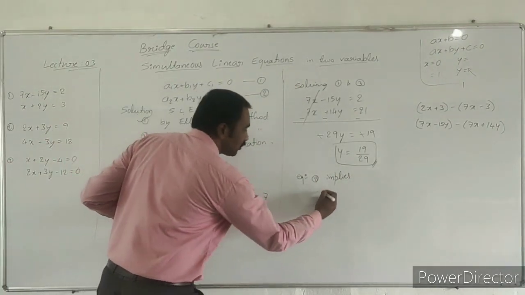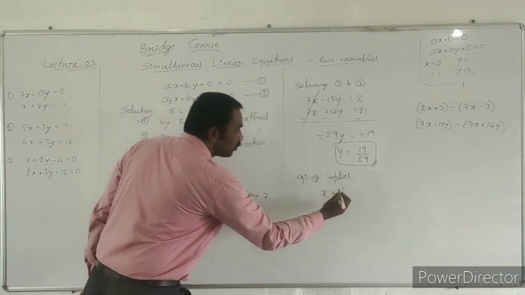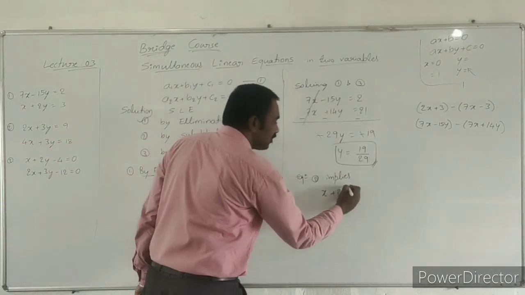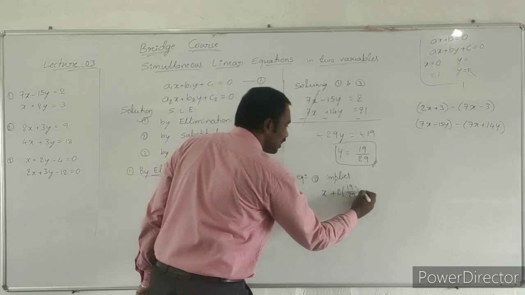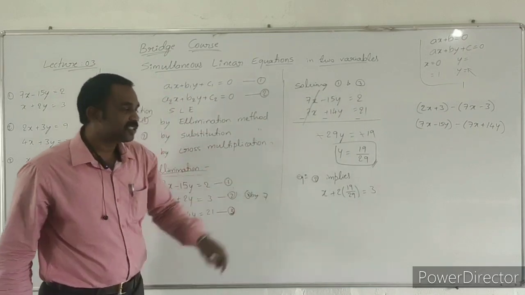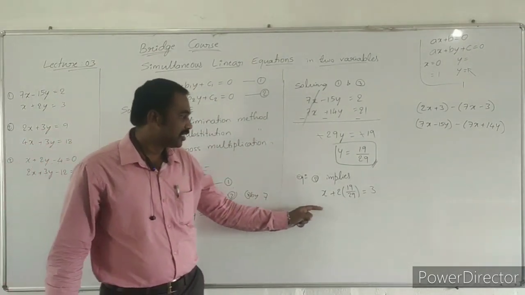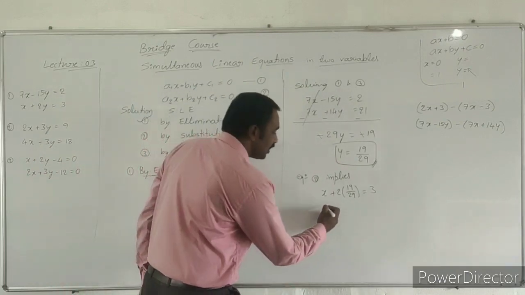So equation number 2 implies, the x value is what we are going to find. 2 into y is 2 into 19 divided by 29, is equal to 3 as it is. Now observe this equation. There is only one variable, x, that will get the required x value.